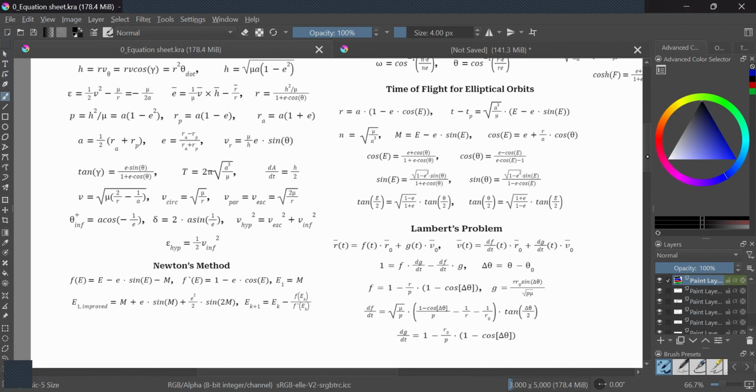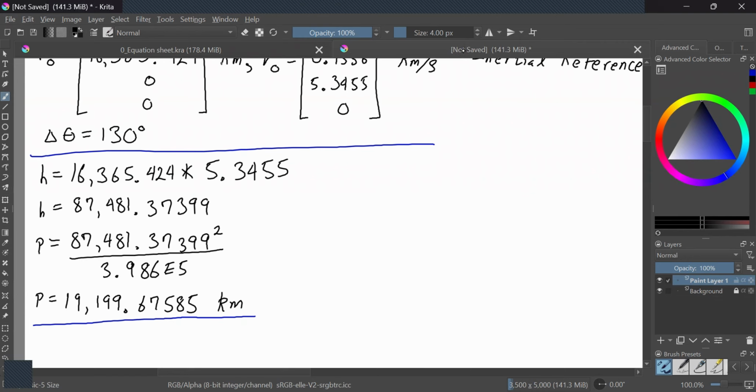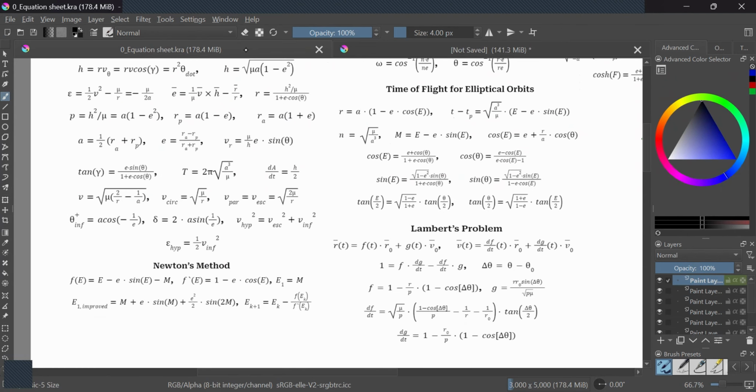All right. There are two more values that I want to sort of write down, I guess. Well, that's not strictly true. There is one more thing that I want to do while I'm here, and I want to find what our radius and our velocity are going to be at the new angle.